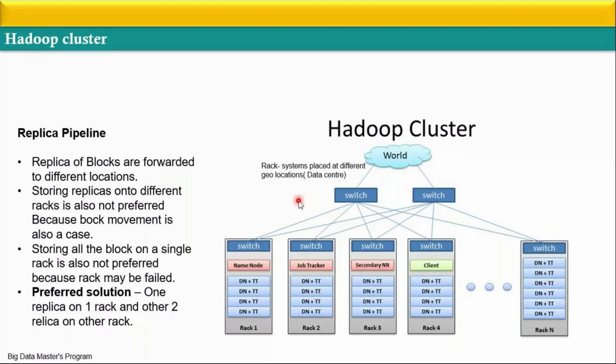Now, just have a look over here. We have a name node in this machine, a job tracker, a secondary name node, and a client in this rack. Different data nodes are there. A data node is nothing but the task tracker I mentioned, which is responsible for actual execution and storage.